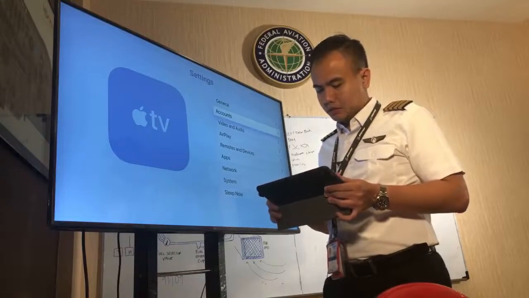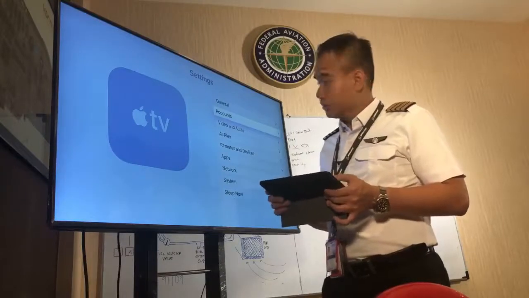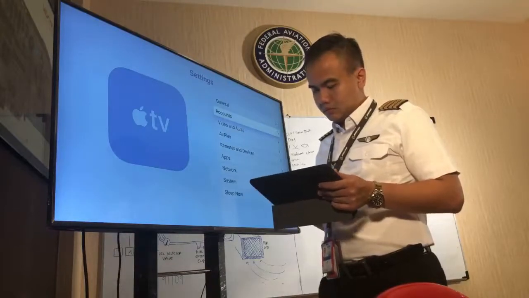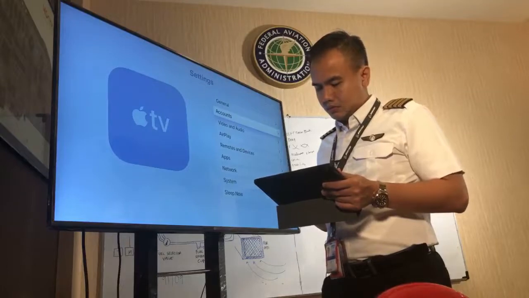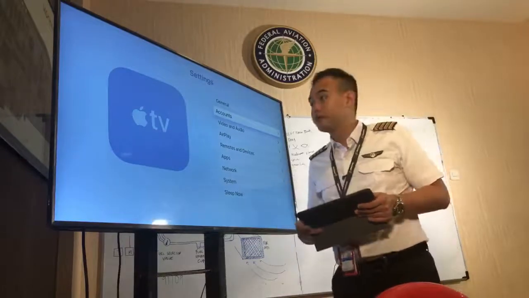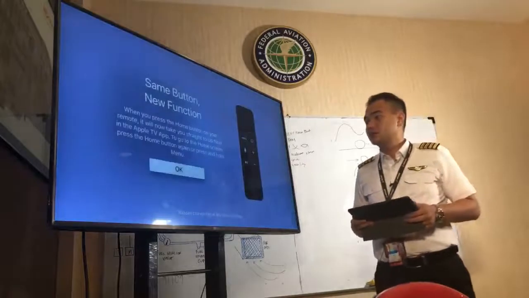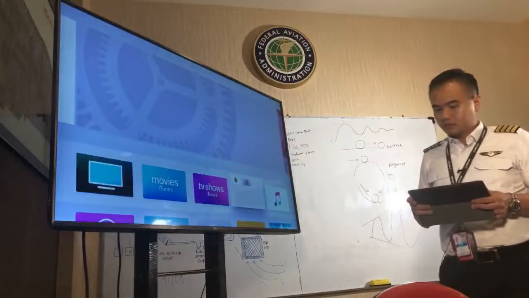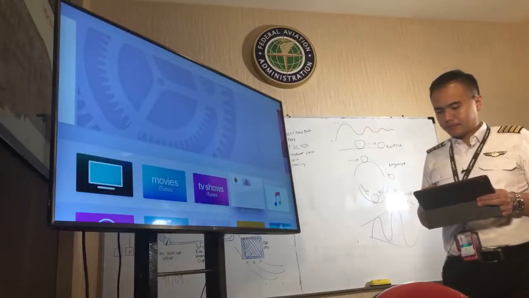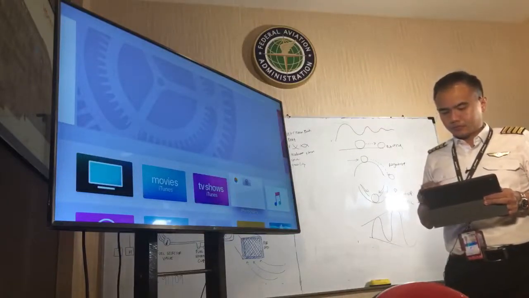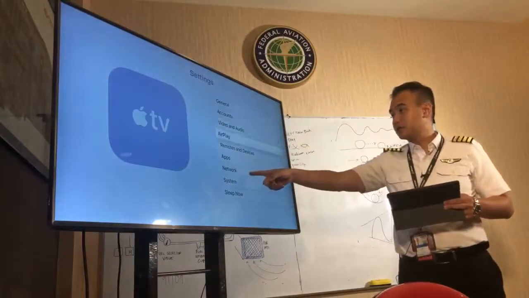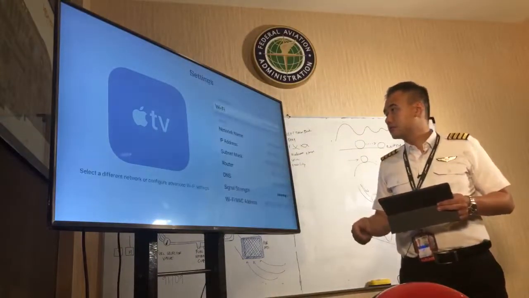Unable to connect. What happened? The Wi-Fi. Network. Disconnect.